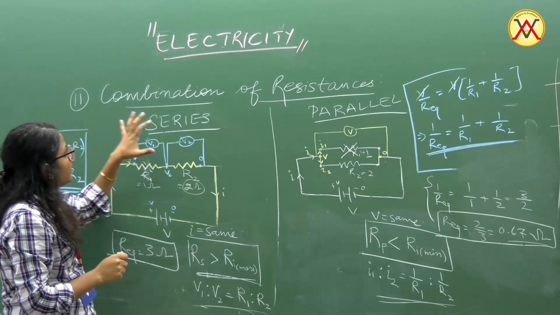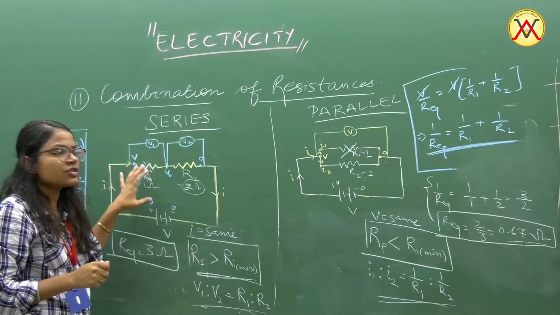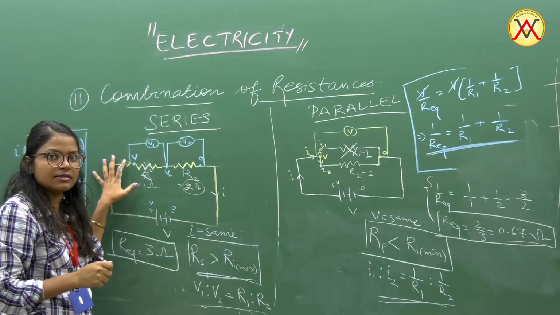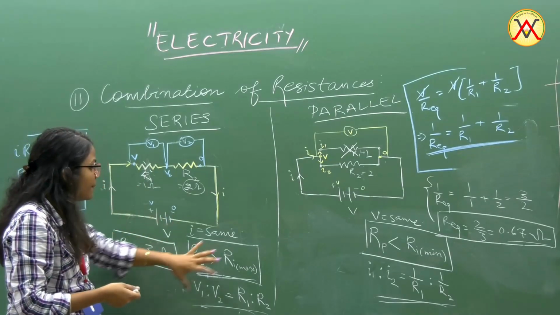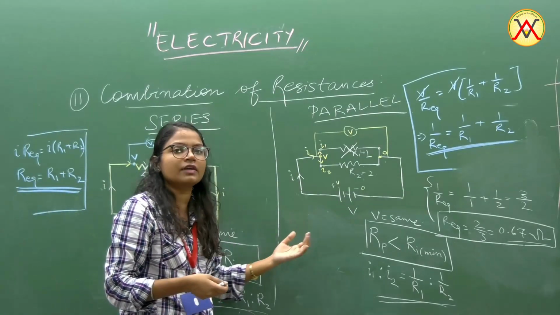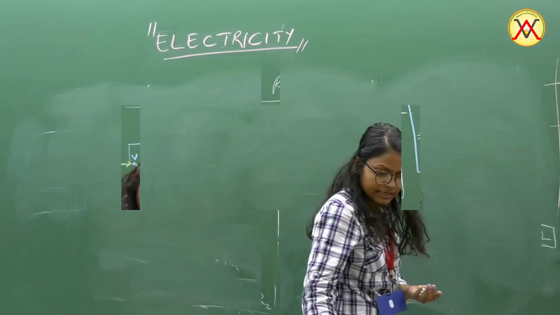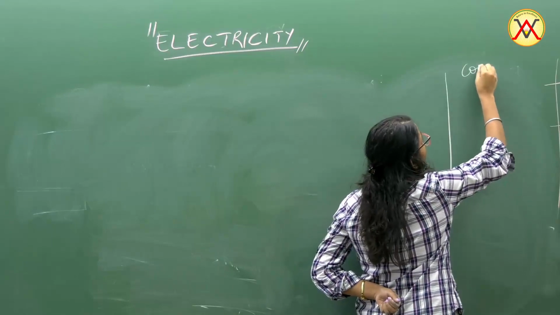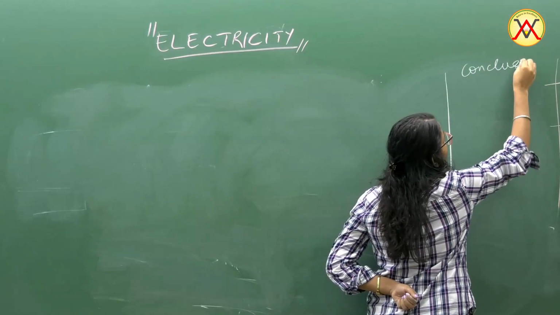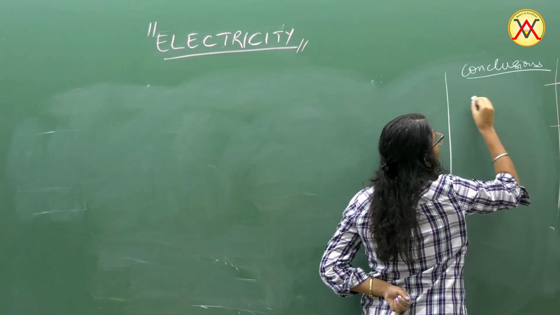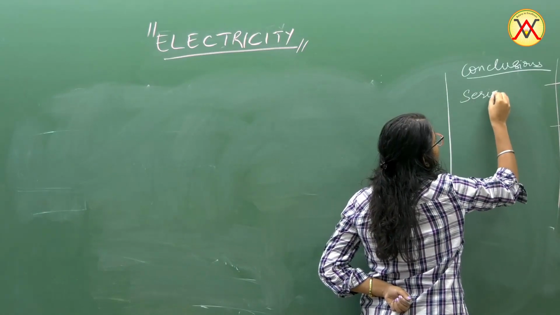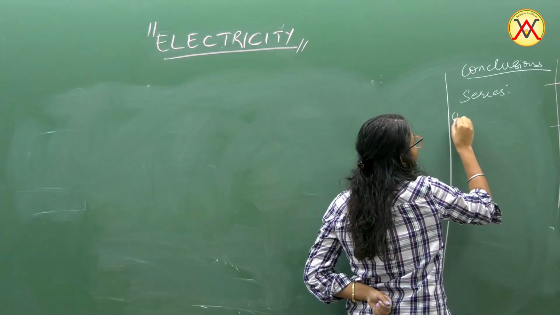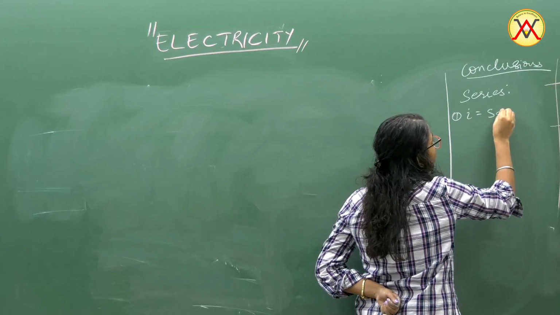Now let us solve a few questions based on combination of resistances, and see how we are going to implement these conclusions. Let us write down our conclusions over here. Conclusions for series combination. First conclusion, I remains same.